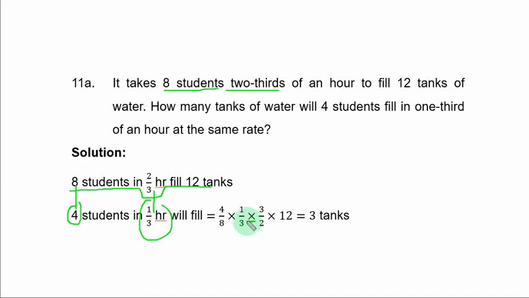So if the sign here becomes multiplication, this fraction 2/3 is inverted to 3/2. So from here, 3 can cancel 3. You divide 4 and 2 by 2. 2 is remaining here. You divide that 2 and this 8 by 2. 4 is remaining here. You divide 12 by 4. You have 3 tanks.